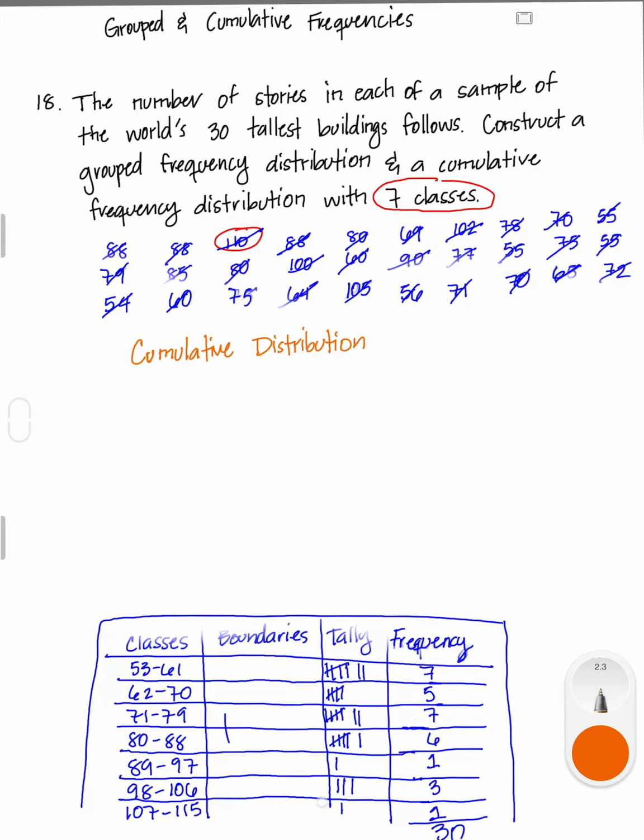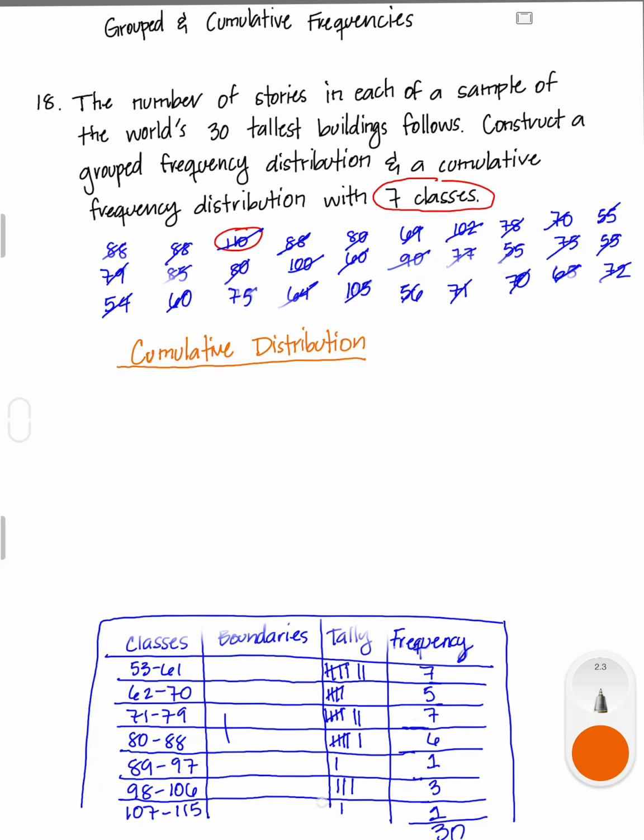And basically for the cumulative distribution, what we want to do is, instead of putting the frequency for each class, we're going to be adding and accumulating the values from one class to the other. So let's say we start with values less than 61, or instead of saying less than 61, let's say values less than 61.5, because that was our boundary, right?